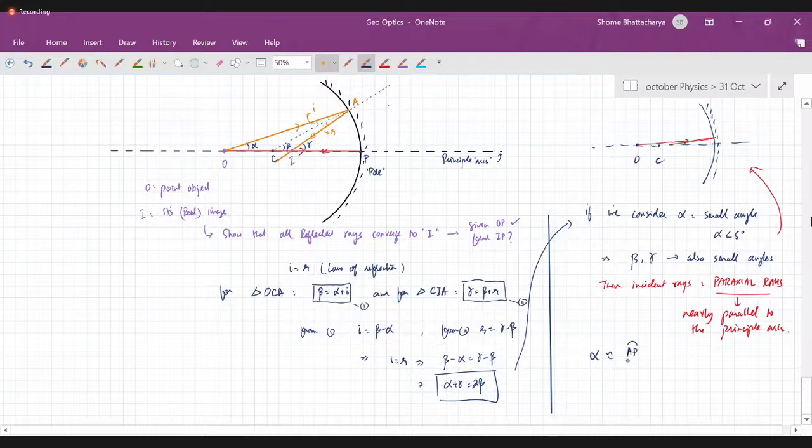Beta is of course exactly equal to the arc length AP divided by CP, because C is the center of curvature of that arc.